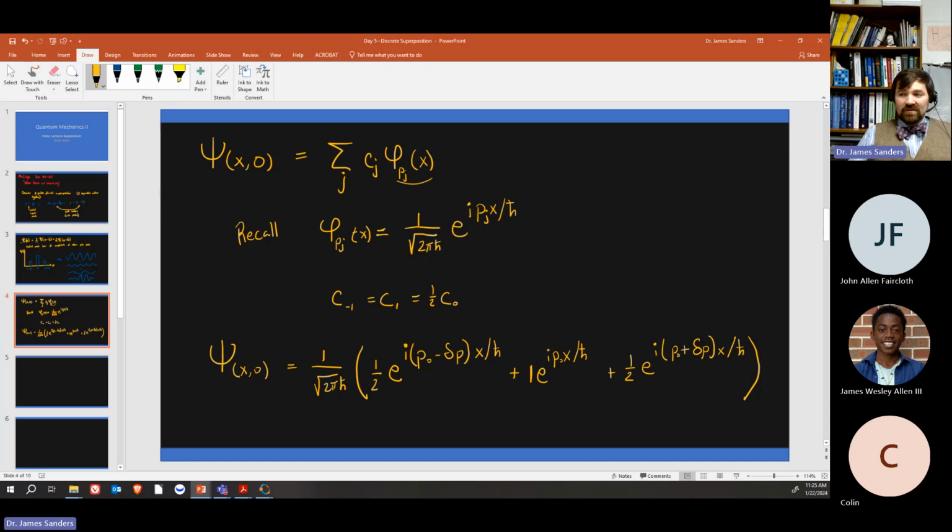We now want to get the wave function to represent this wave packet. To do that, we're going to follow the Schrodinger time evolution recipe. We basically want to see what this wave packet is doing in time.